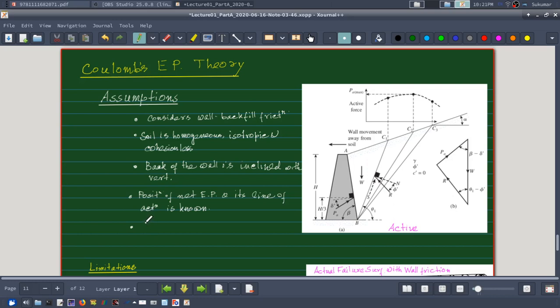The sliding wedge of soil is assumed to be rigid.